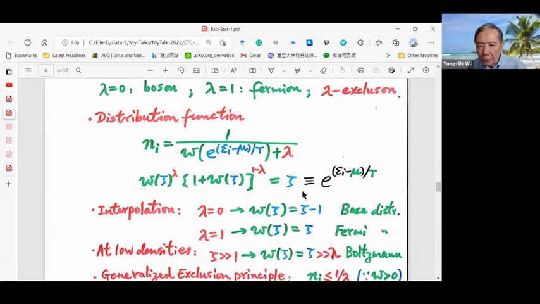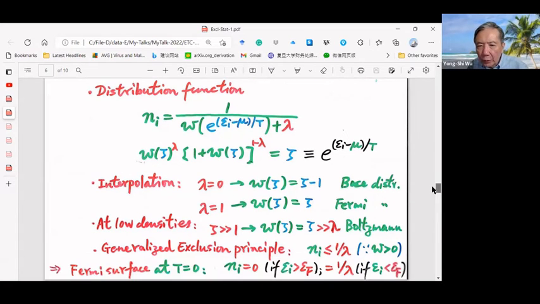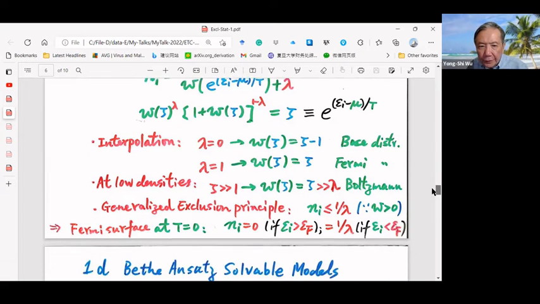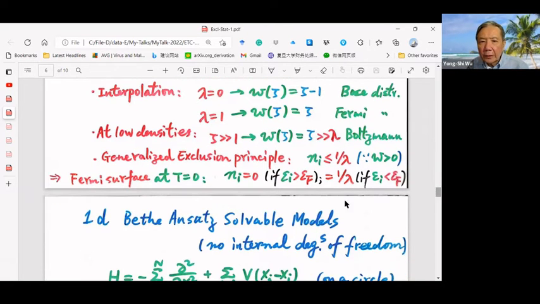One needs to solve this functional equation to get the distribution function. However, it's easy to check that when lambda tends to 0, W of zeta is equal to zeta minus 1, and we get Bose statistics. When lambda equals 1, W of zeta is equal to zeta, which gives us fermions.